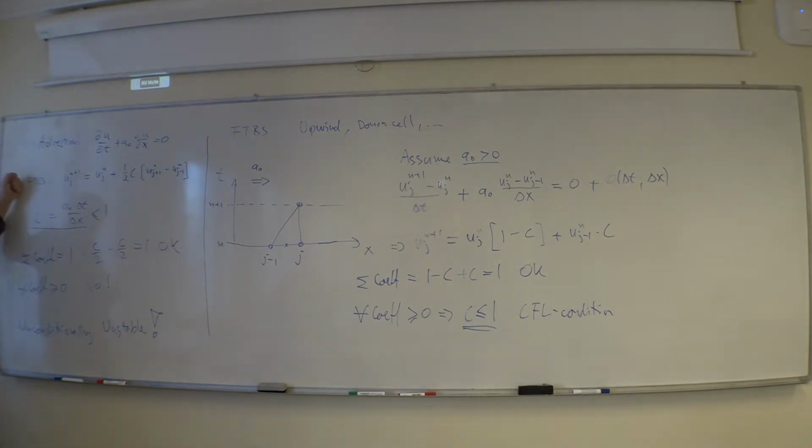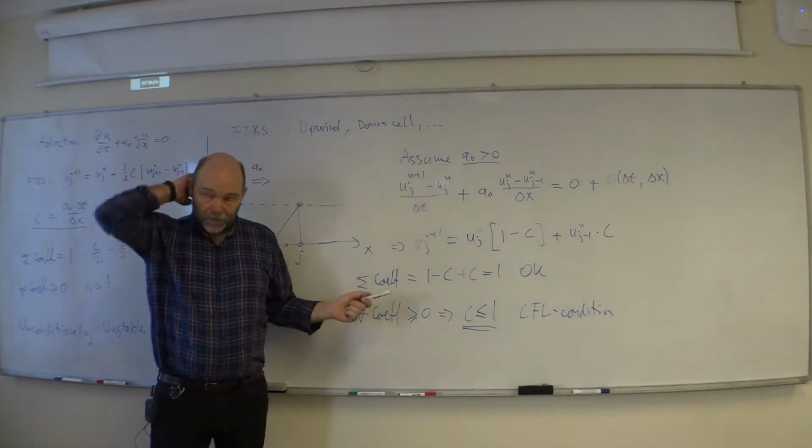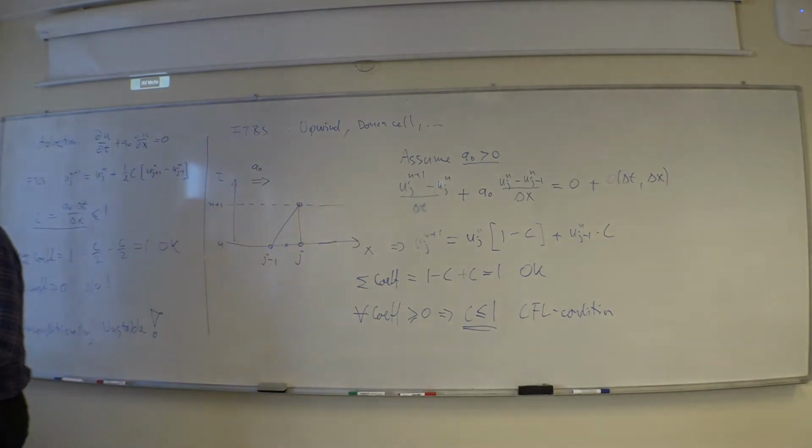We just took it ad hoc, thinking in terms of information shouldn't travel longer than 1 delta x during one time step. But now we actually get the CFL condition based on a stability analysis. And you get the same criteria if you are using von Neumann methods.